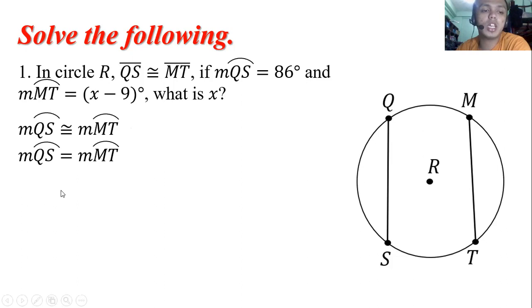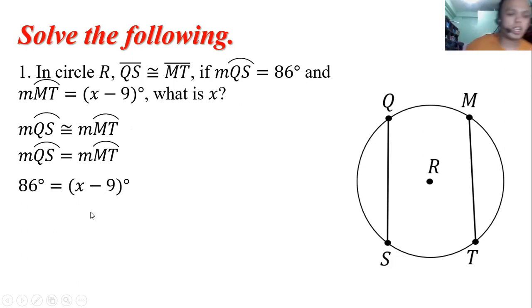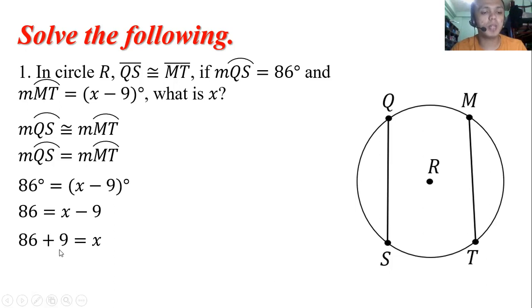Your QS here is 86, and your MT is x minus 9. Now, solve for x. Remove the degree signs, then transpose negative 9 to the other side. You have 86 plus 9 is equal to 95 for your x. So your x here is 95.